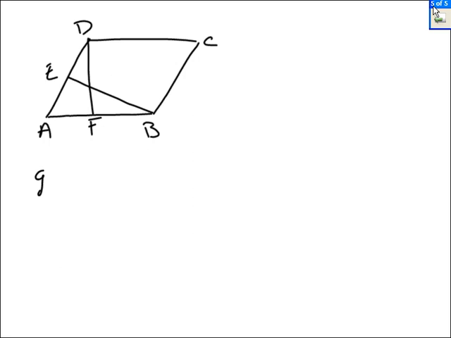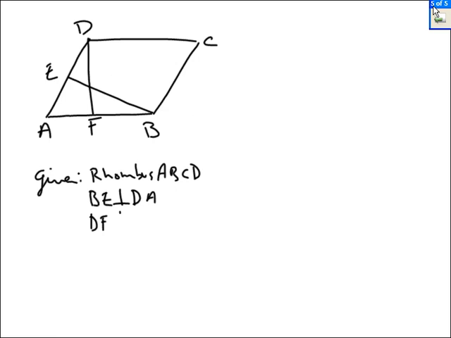So what is given? You are given rhombus ABCD. And you're also given that BE is perpendicular to DA. Likewise, DF is perpendicular to AB.